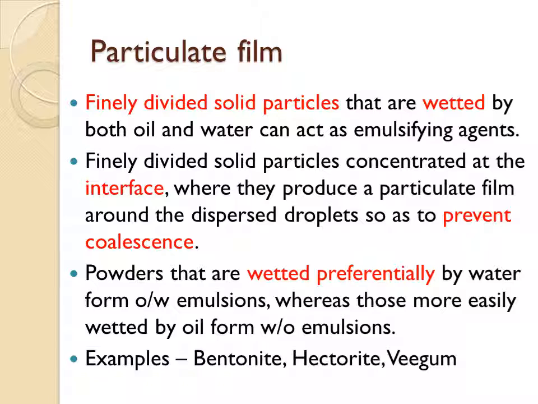These two agents form the complex film at the interface and give the film rigid and flexible characteristics. Whatever type of emulsion is produced depends primarily on the property of the emulsifying agent, that is, its HLB number.